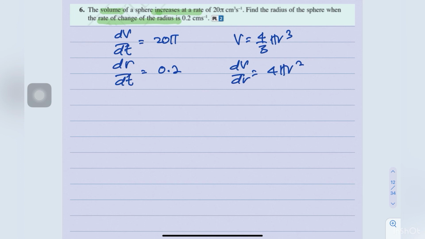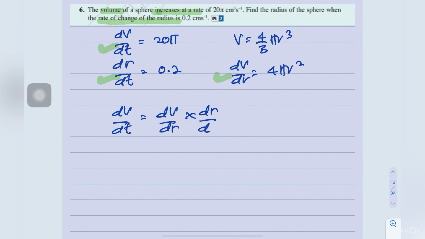Now we can create the chain rule from this. dV/dt, dr/dt, and dV/dr. So the chain rule is dV/dt equals dV/dr times dr/dt.